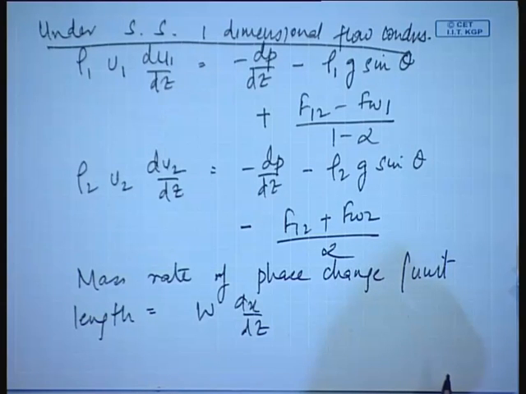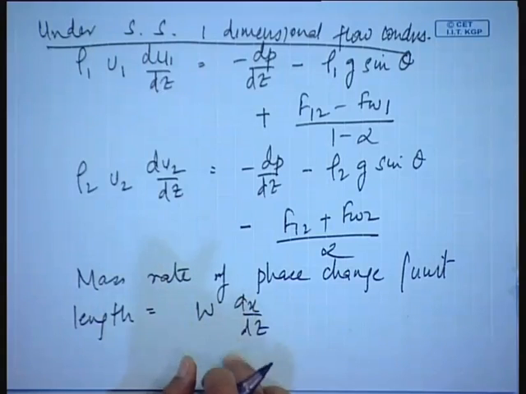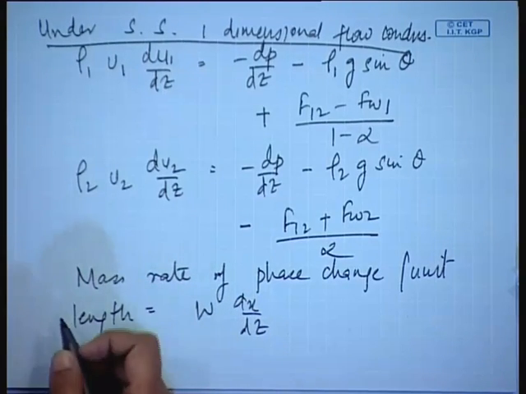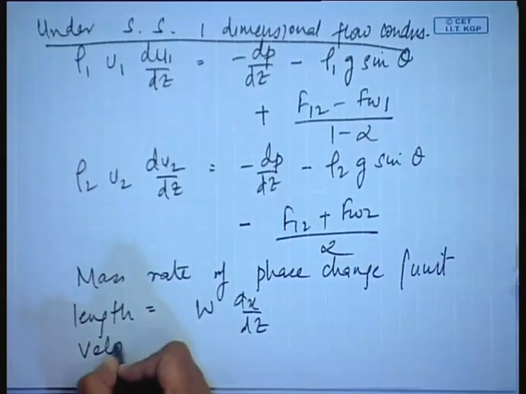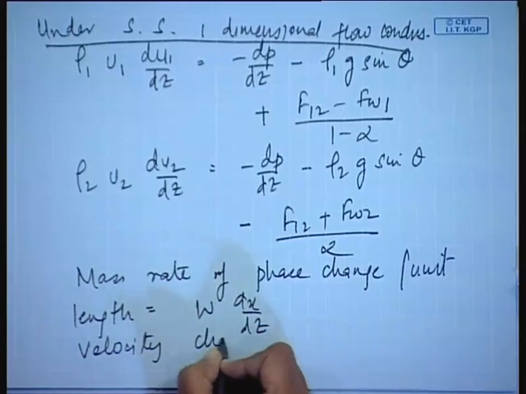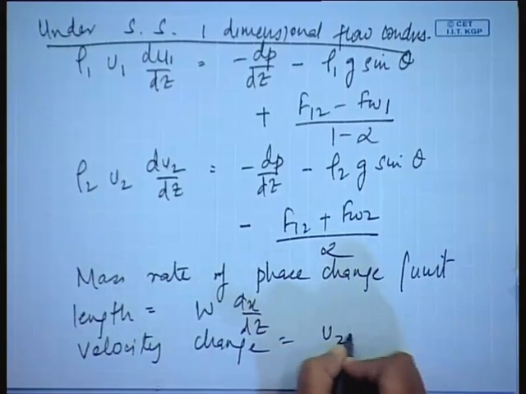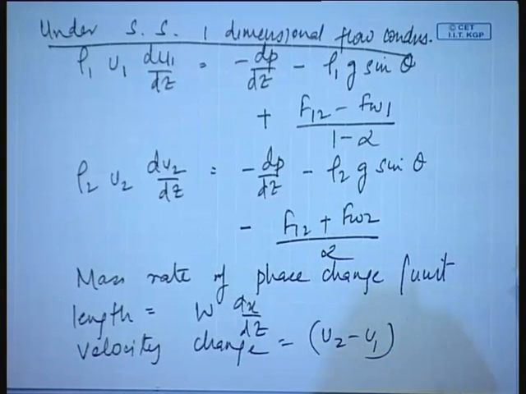It is dx dz per unit weight of the two phase mixture. So, for the total two phase mixture, it is going to be w dx dz, isn't it? And what is the velocity change for this? This is u2 minus u1. You agree with me? Okay.